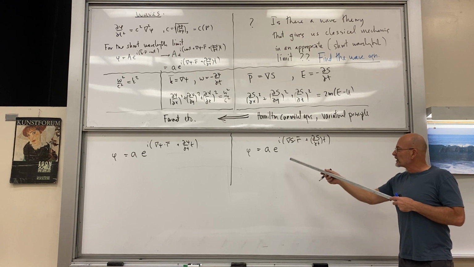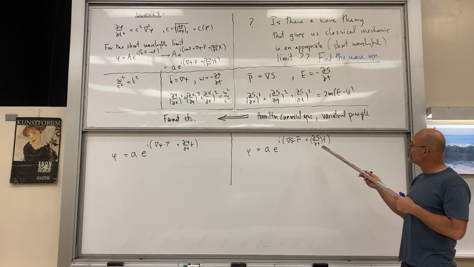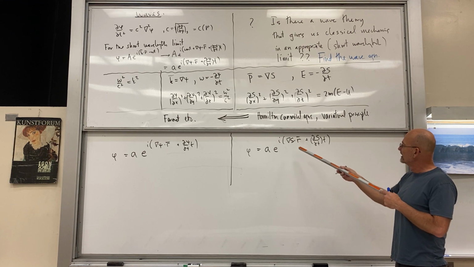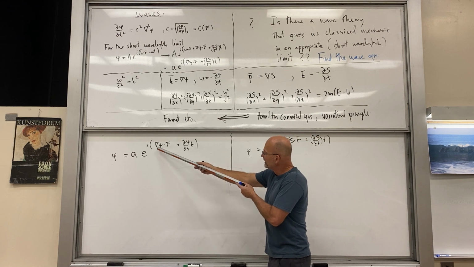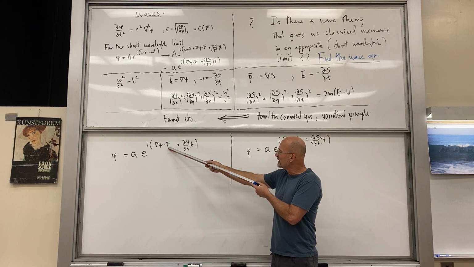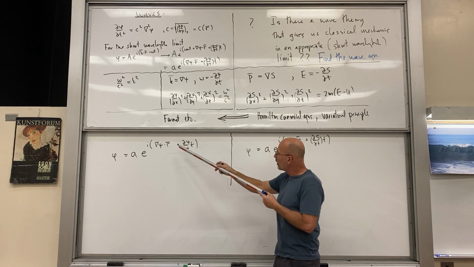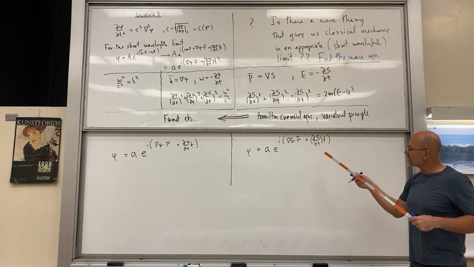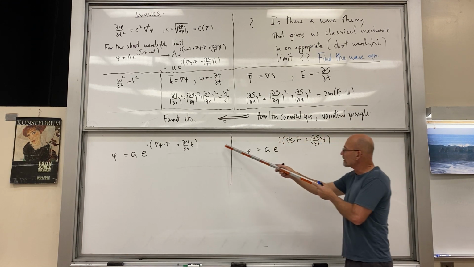Okay, but there's a problem here, and namely there's a dimensional problem. This has to be dimensionless, right? Our phase is of course dimensionless, and gradient is 1 over r times r. So the argument of the exponential has to be dimensionless.